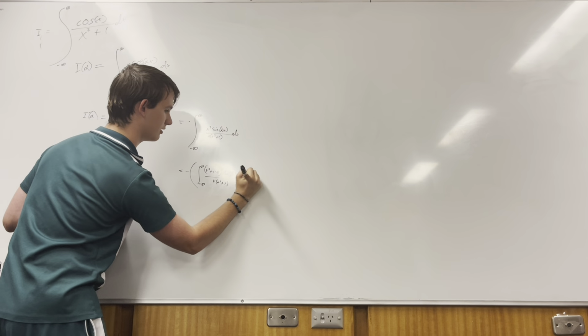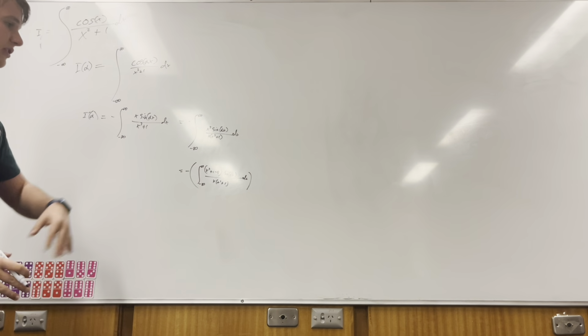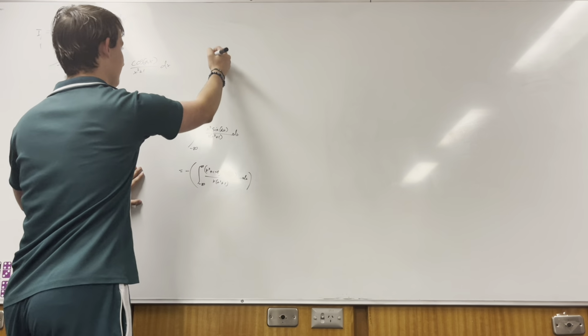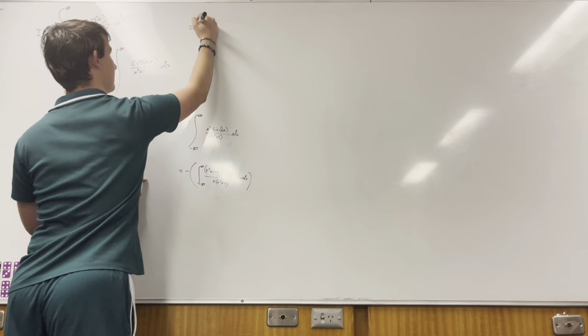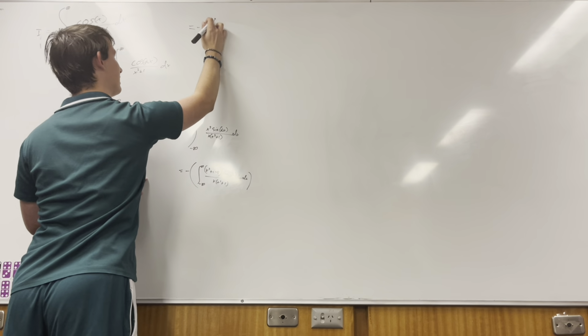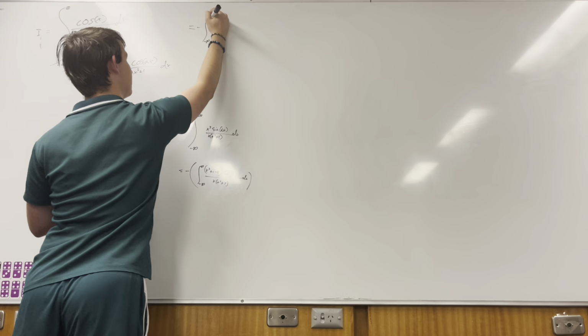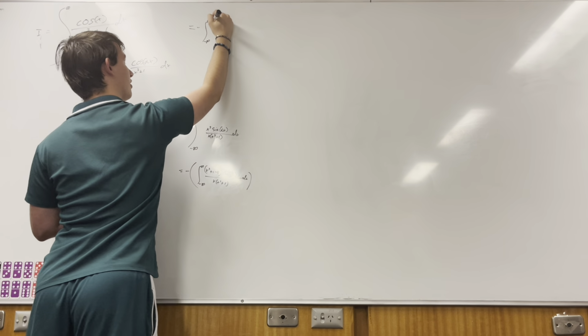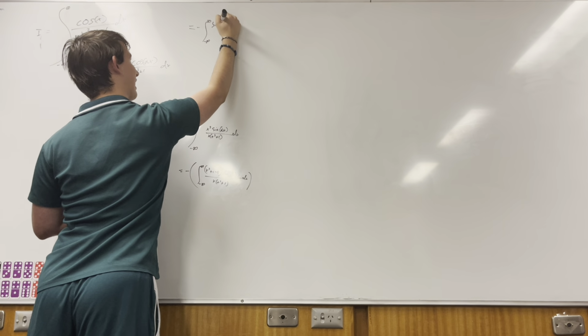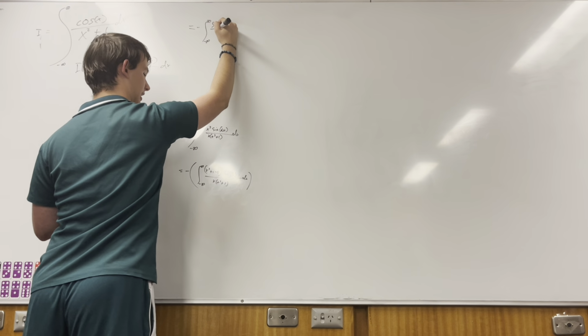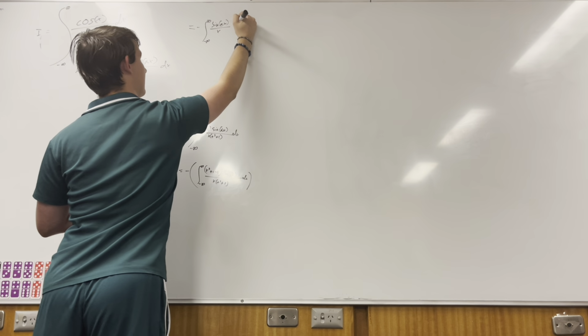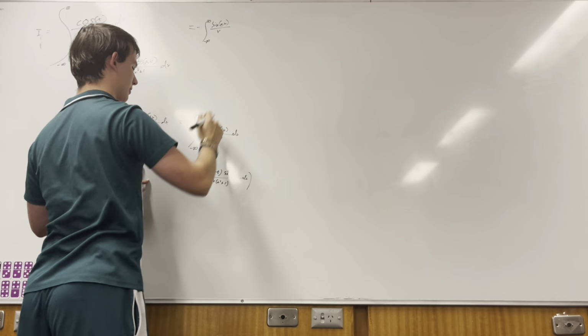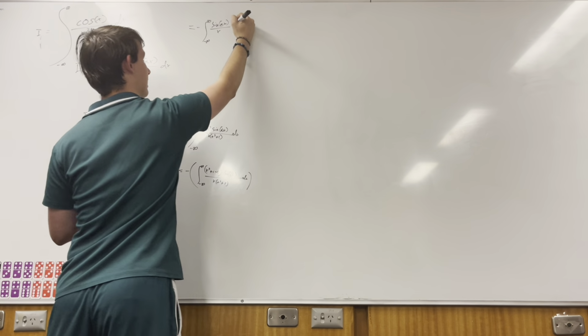Now we can factor this whole thing out. What we get in the end is the negative integral from negative infinity to infinity of sine of alpha x divided by x, and then we subtract, but because we already have a minus at the front, we're going to add.